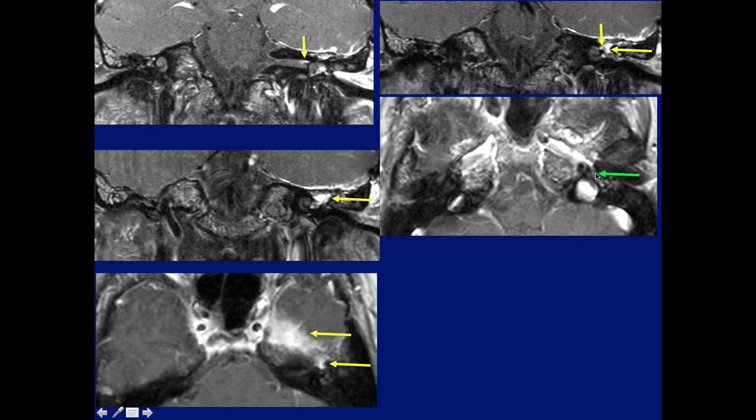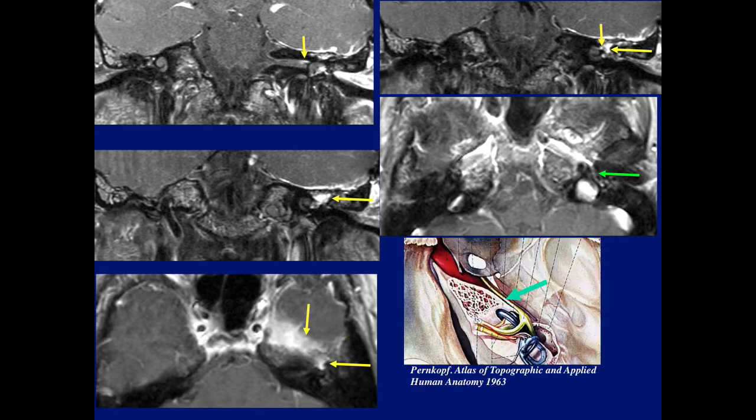When I saw this, I became very excited. What is this vessel here? This is the nerve I mentioned before. This is the greater superficial petrosal nerve, and I'll go into detail on this. So we see that here.